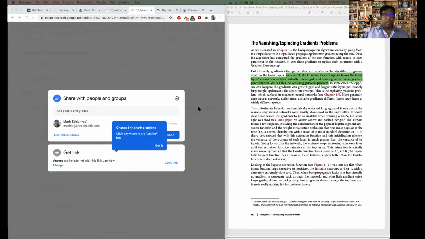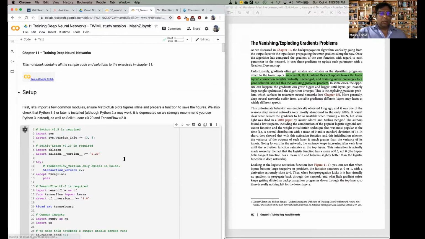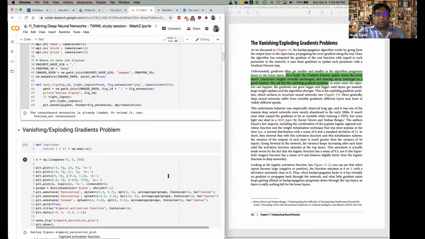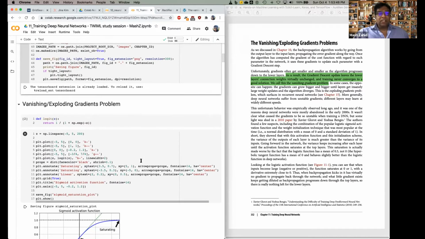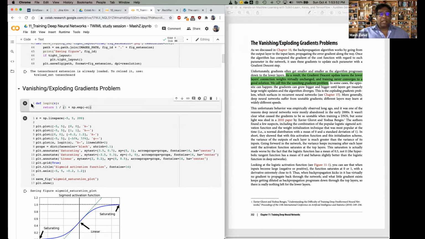So please feel free to copy it. We'll run this side by side along with the book. I also restarted my kernel because I added some extra code, and you'll see that here. I want to make sure that we're getting fresh graphs every time. Any questions up to this point?